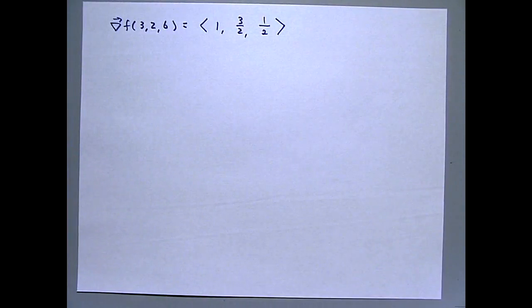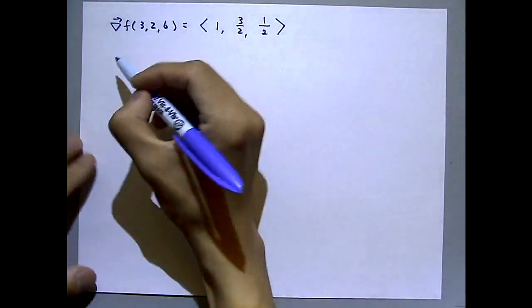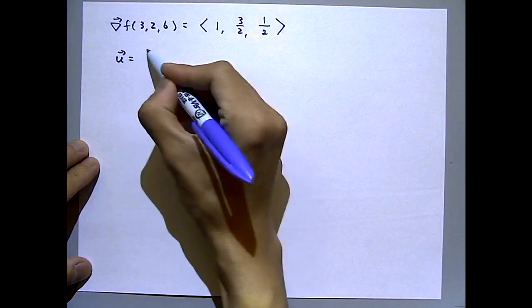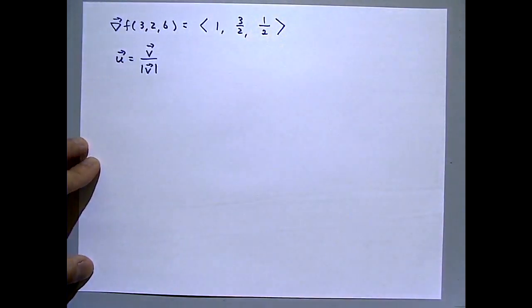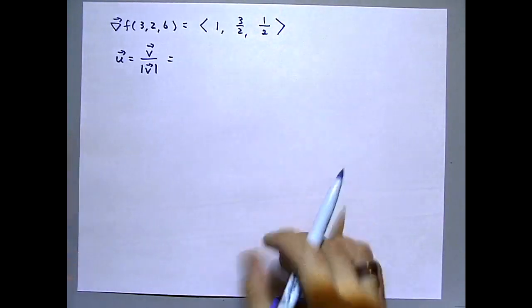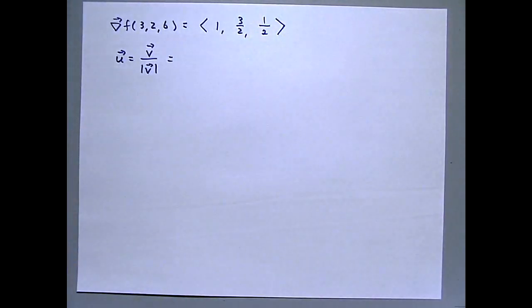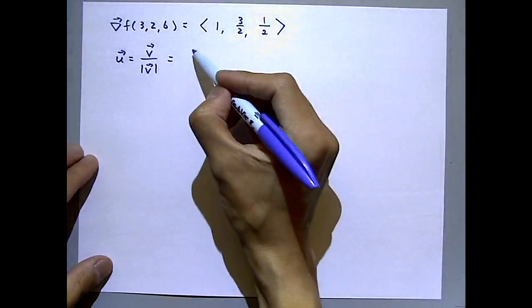Then we need a unit vector telling me the direction, right? Unit vector u is the vector v divided by its magnitude. How long is that vector v? That should be very easy to see. 3, yeah? So each component divided by 3 will give me the unit vector.